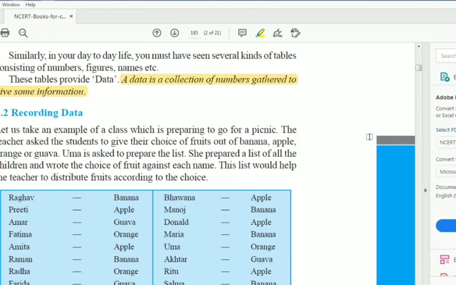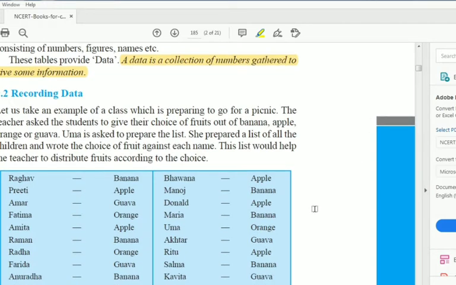She told us the names of the fruits: banana, apple, orange or guava, and students have to tell their choice. Uma is asked to prepare the list. So she prepared the list of all the children and wrote the choice of fruit against each name. This list would help the teacher to distribute fruits according to the choice. So look at here how Uma prepared her list.